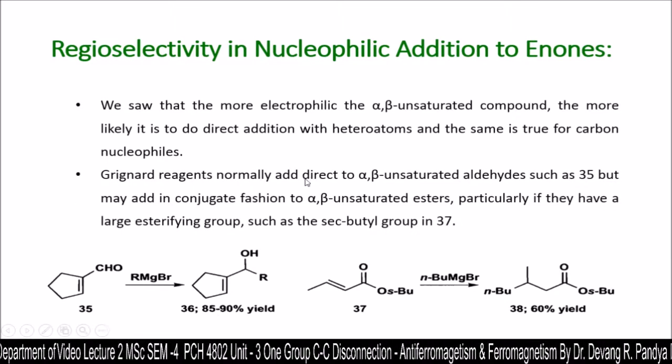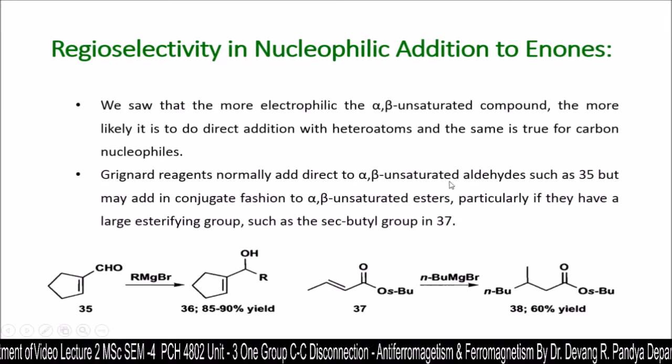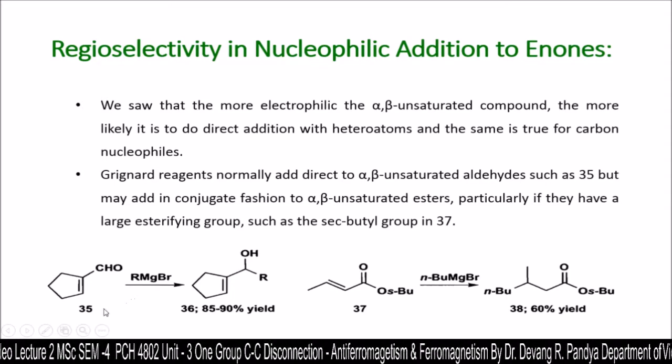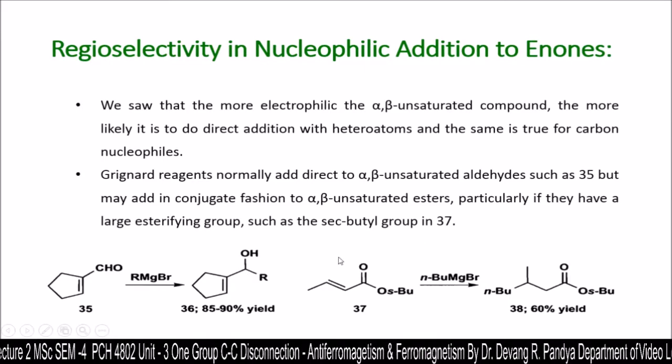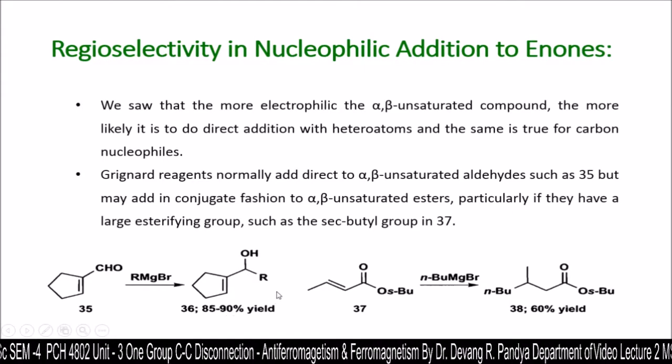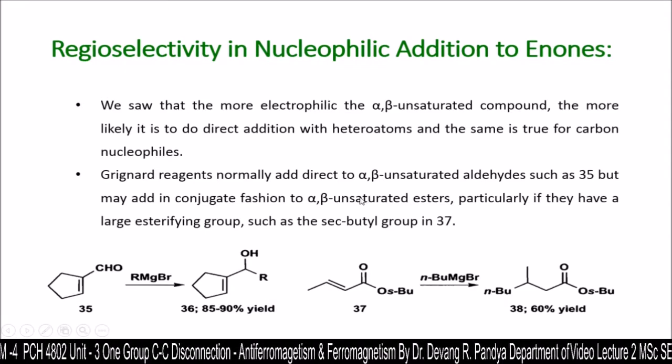Grignard reagents normally add directly to alpha beta unsaturated aldehydes such as structure 35, where you can see direct addition and it gives 85 to 90% yield of structure 36.